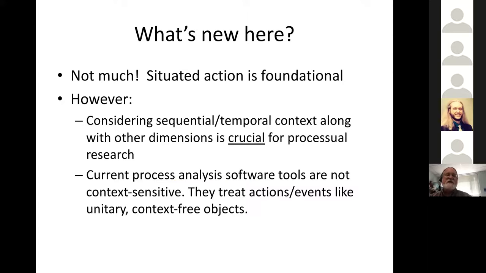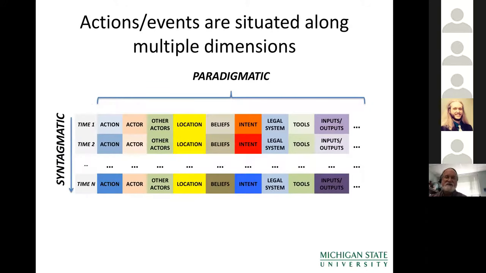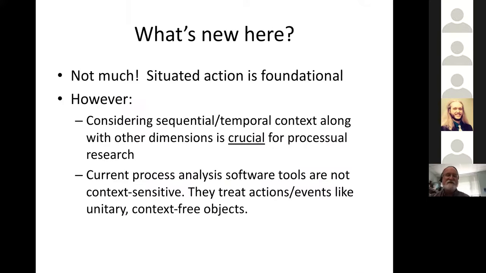The problem is when you're trying to analyze action patterns, you need to take into account sequential and temporal context, along with this whole picture, I think, in order to understand what's going on. The problem, I think, is that current process analysis software tools are generally not context sensitive.